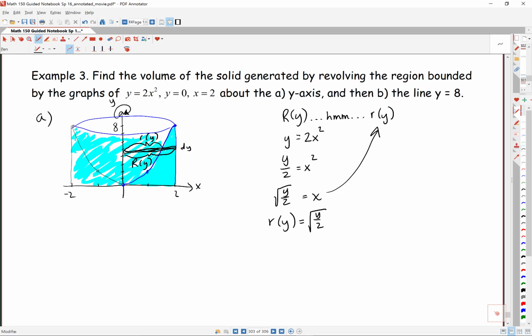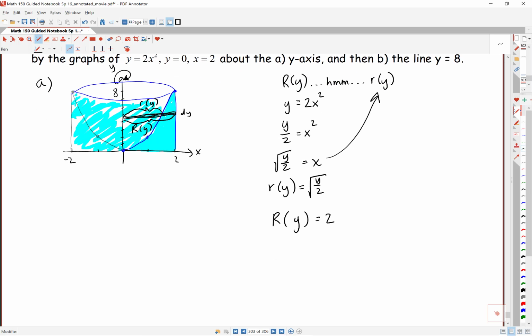Now, let's take a look at the other one, x is 2. That one's pretty easy to see that that will be our capital R of y is 2. So you've got this whole cylinder with a radius of 2, and you're subtracting out from that a cylinder with radius of root y over 2. Good so far? Beautiful.